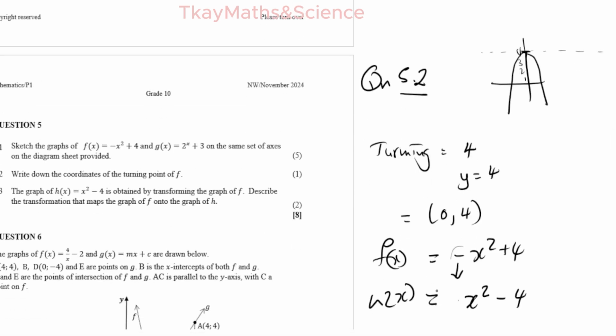Now this one is positive, which means all these values are going to have a mirror reflection because it changes the sign here. All the negative values are going to become positive. So it's going to reflect like this, because now this one is the mirror line. It's going to become cup shaped again, but facing upwards. It's going to be like that, facing upwards.